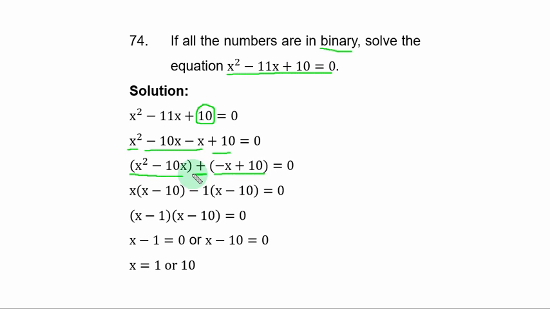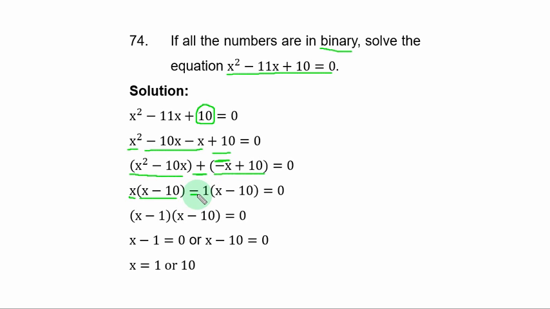From the first group, s is common, you factor out s. If you divide through that group, s squared minus 10s, by s, you have s minus 10. The first term here needs to be positive. For that reason, you factor out minus.